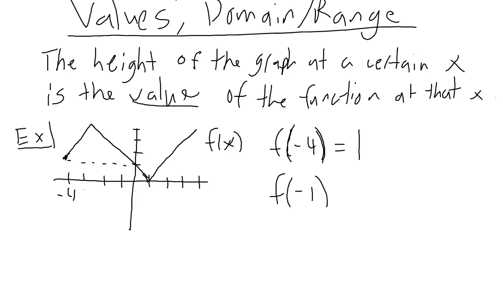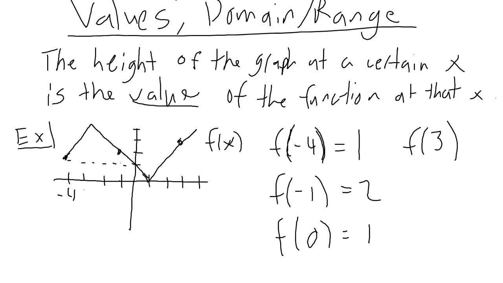If we wanted f of -1, we'd look at this part of the graph, and it looks like it's 2. And f of 0 is clearly 1. f of 3 looks like it's 3. And f of 4 looks like it's 4, and so on.